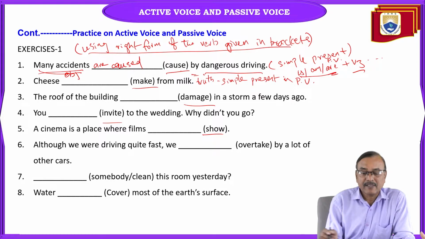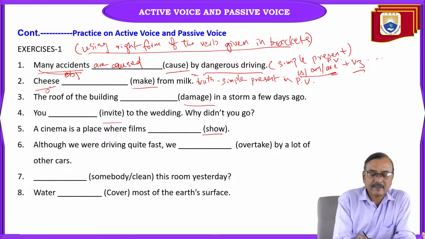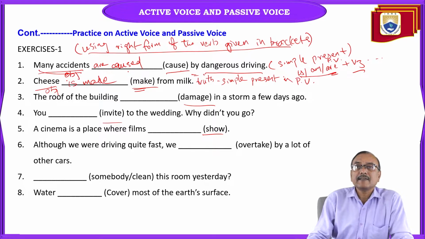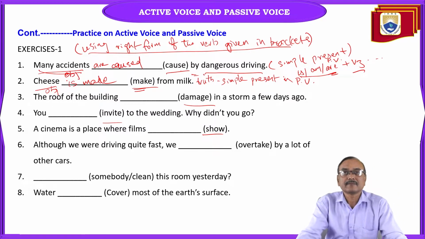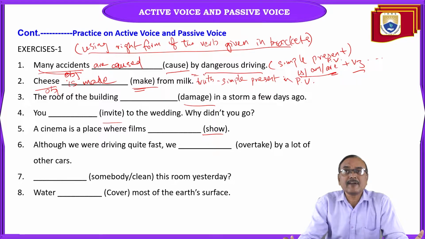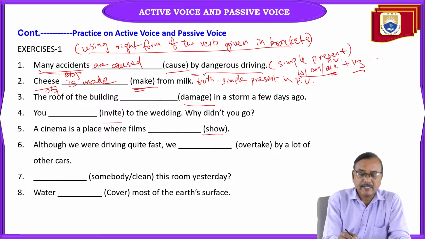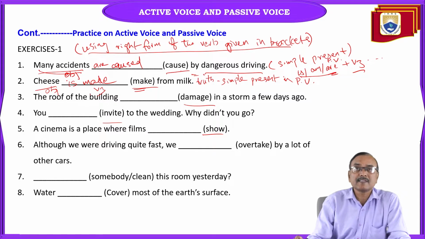Cheese is a material noun, so this cheese is the object here. Material noun, singular form. Cheese is, then V3 form. Make becomes made: make, made, made. Cheese is made from milk. Object, cheese, followed by the passive helping verb is, then V3 form, made.